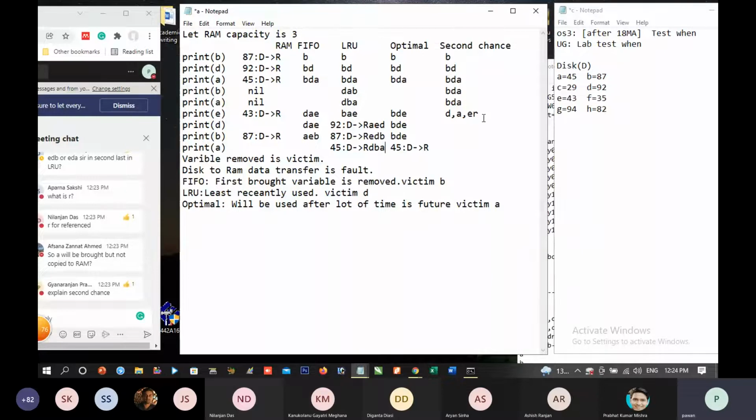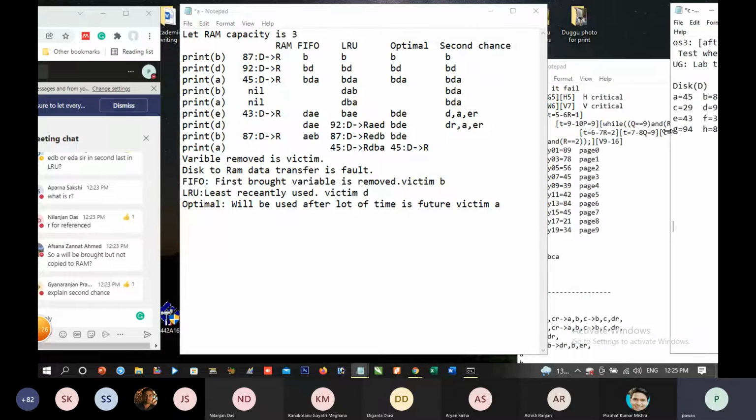B has been removed. Is it correct? And the new thing, E, has come, so we shall write R in front of it so that it doesn't get removed. Now D. D is R, meaning referenced.